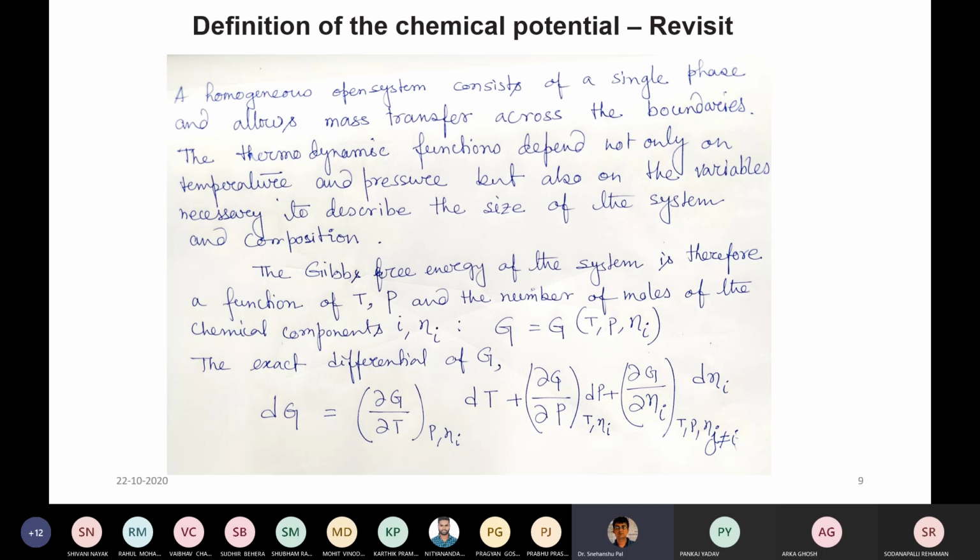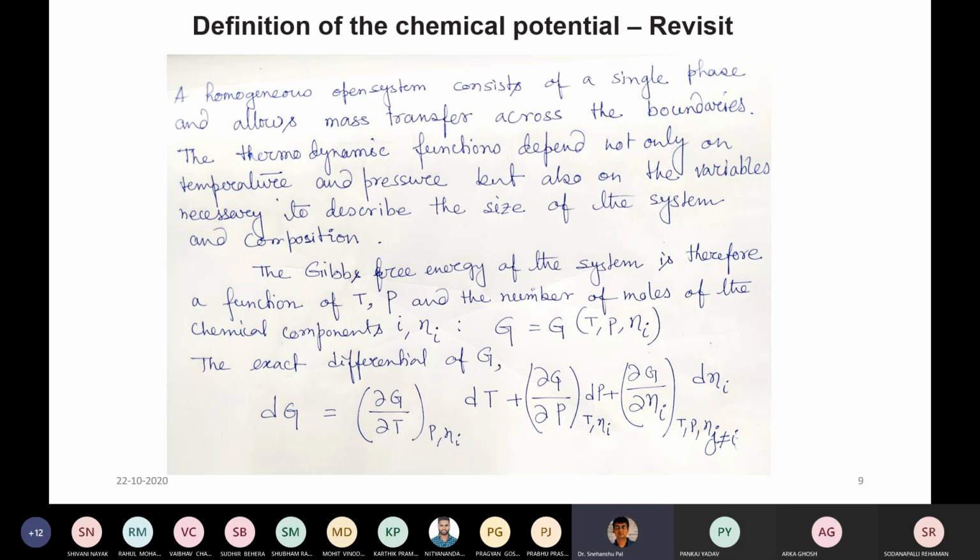But when we talk about the chemical potential concept, we are actually saying that mass transfer is possible, and after a certain time when there is no gradient of chemical potential, there will be equilibrium with respect to diffusion, the diffusional equilibrium or chemical equilibrium. So there will be no mass transfer. So now the system characteristics are changing. We are now talking about an open system where mass transfer as well as energy transfer are allowed.